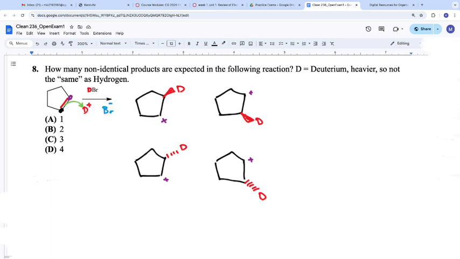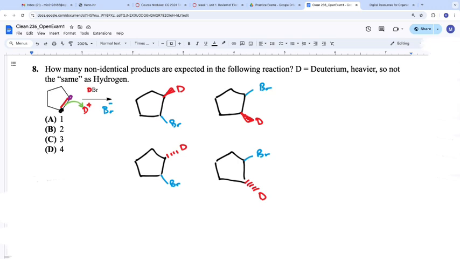Now what would happen? The bromide would come in, and the bromide could react with that positive. I could put the bromide here. The bromide here. Why does that spot also have stereochemistry?